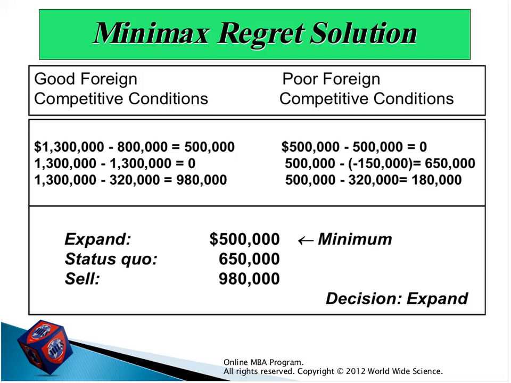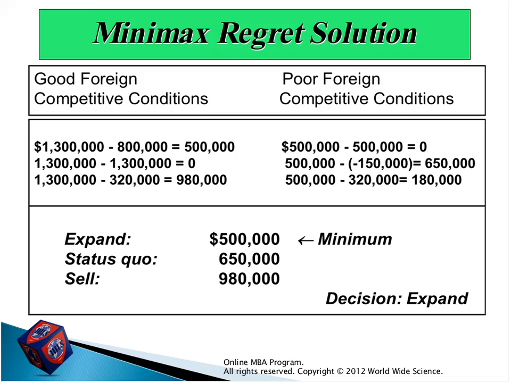You should do exactly the same. 500,000 minus 500,000 produces 0. 500,000 minus 150,000 produces 350,000. And 500,000 minus 320,000 produces 180,000.